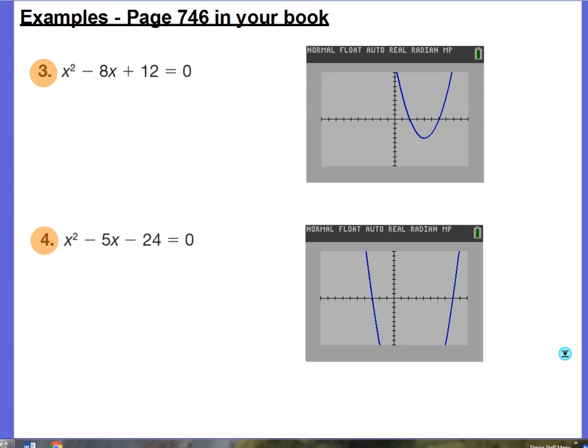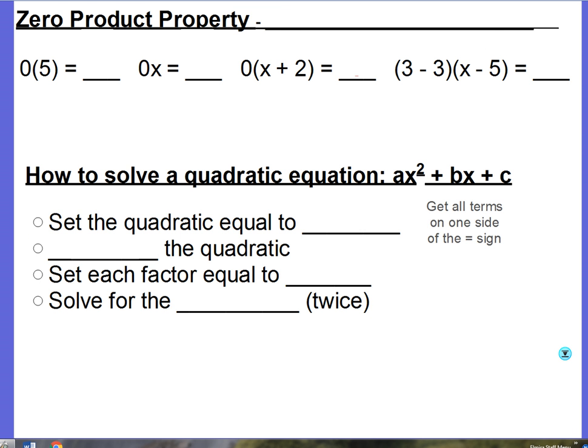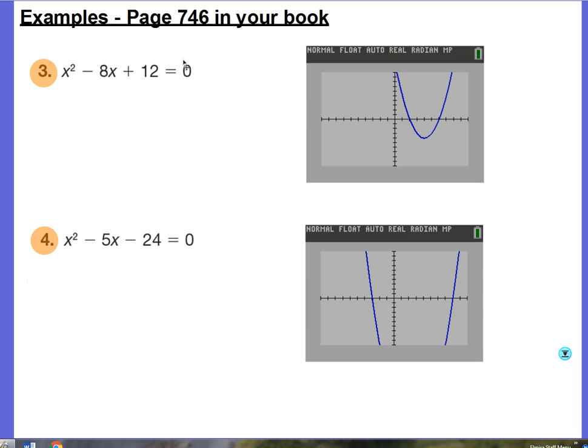Okay, these are the examples from page 746 in your book. So here's our quadratic. Now the first thing on my bulleted notes on the previous page said set the quadratic equal to 0. This is already equal to 0, so we can move right on to factoring. So if we factor, we get x minus 6 and x minus 2.